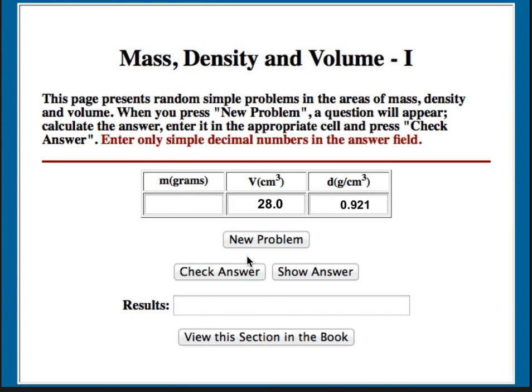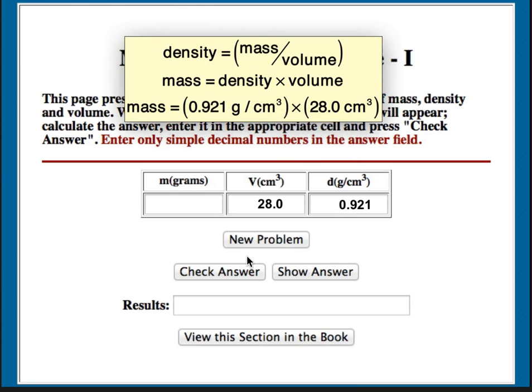I guess there is one more. Again, we're calculating a mass. We have a volume, we have a density. Mass is density multiplied by volume. Simply multiply the numbers, and there we are.